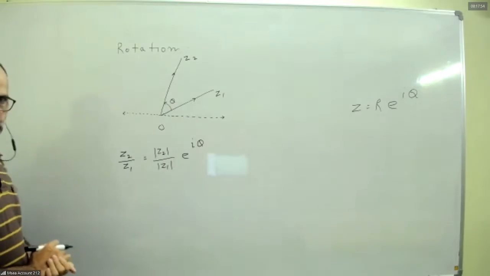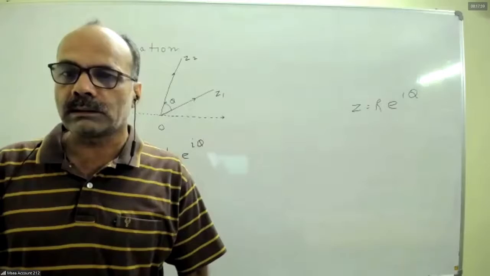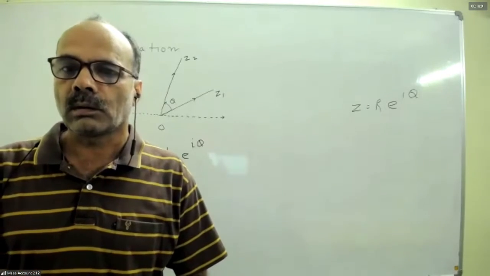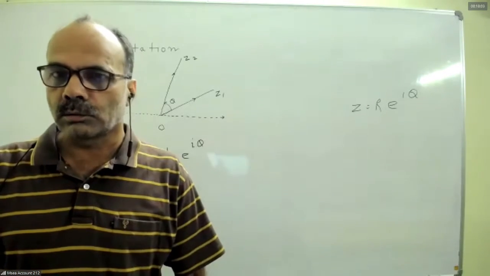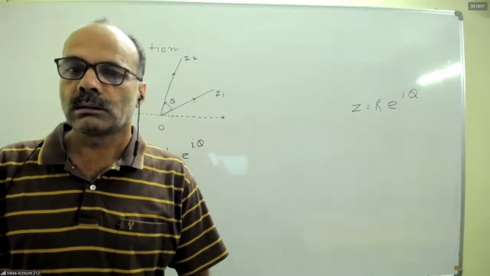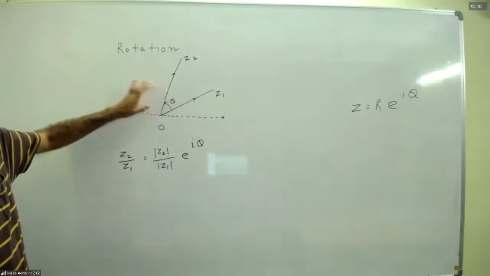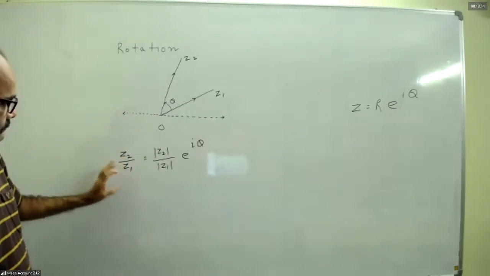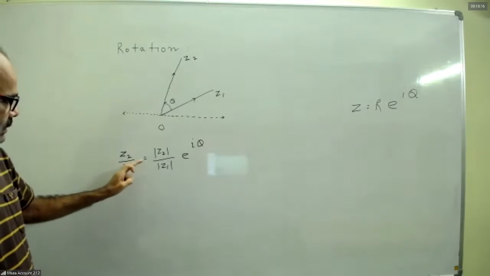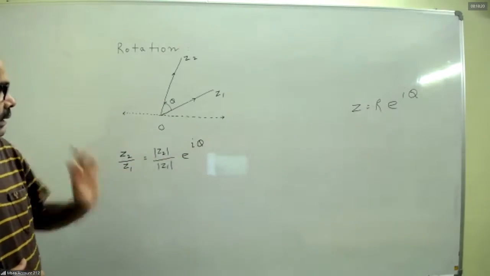So, on the other hand, if we rotate Z1 about origin through an angle theta in anti-clockwise direction, then this system can be expressed as Z2 by Z1 equal to mod of Z2 by mod of Z1 into e to the power I theta.